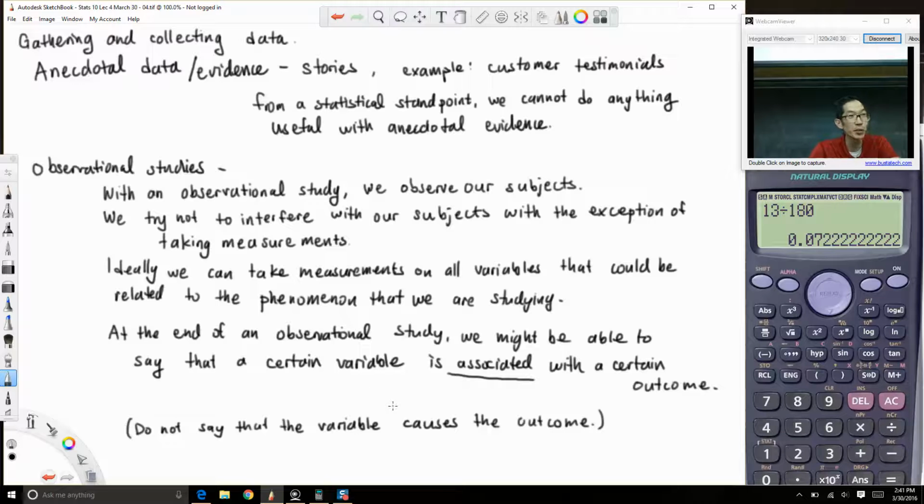But you can say that there's an association between the tradition of last rites and increased death rate or something like that. So we can say that there's an association, but you cannot say that one causes the other.